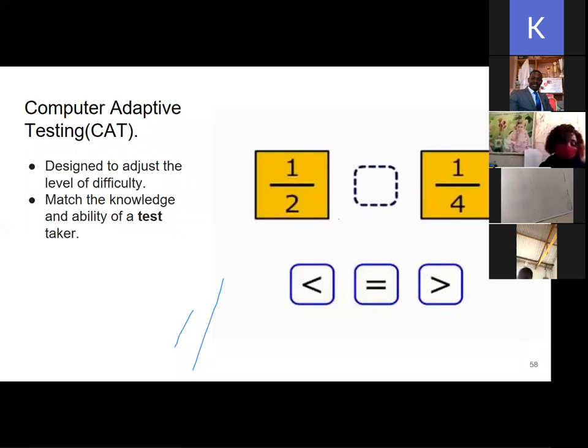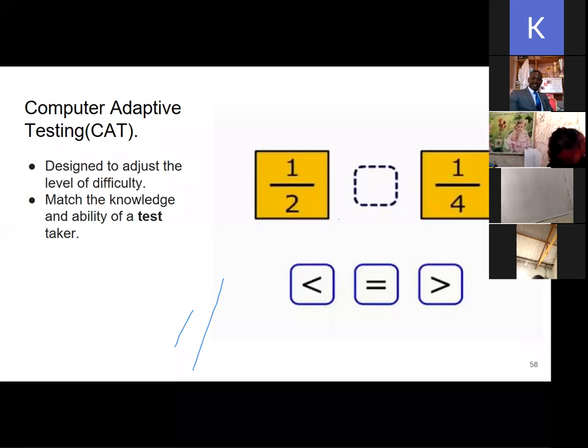It is an adaptive test that is designed to adjust the level of difficulty based on the responses provided. So they use a lot of what we call algorithms and artificial intelligence and machine learning to tailor make these adaptive tests to match the knowledge and ability of the test taker or the learner.